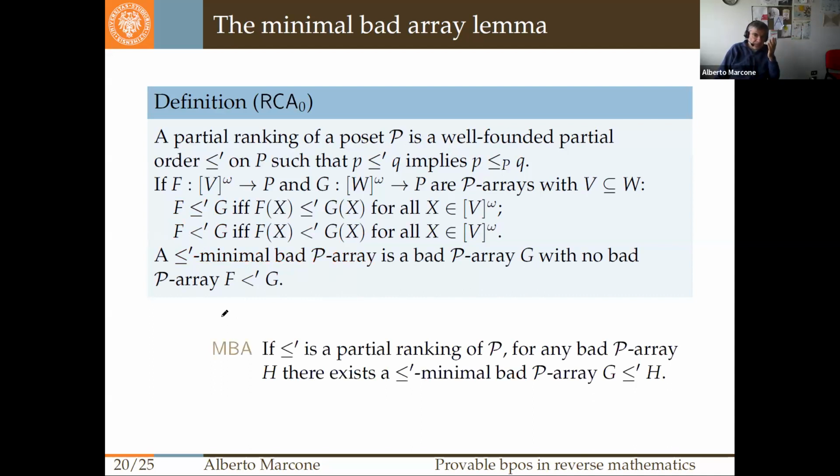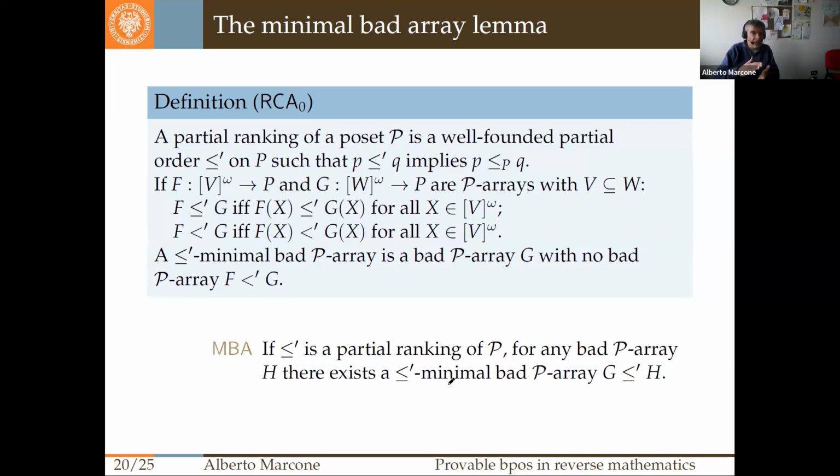So the full minimal bad array lemma, let's say, is: you have a partial ranking of P, and for any bad P-array, if P is not a better partial order, you have a bad P-array H, you can go down below H and find some G less than or equal prime to H, which is still bad, and it's also minimal.